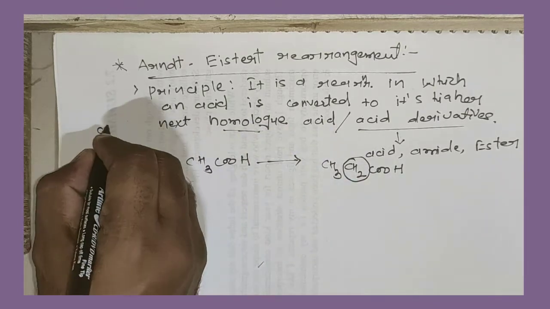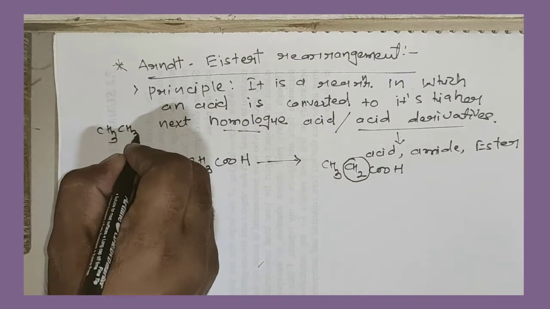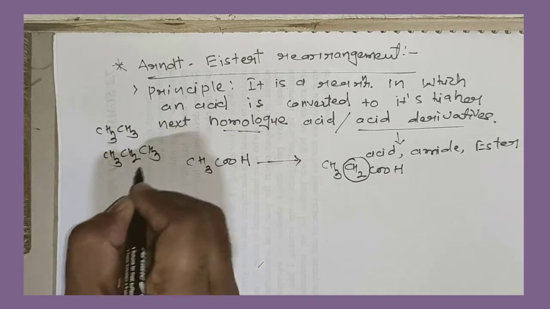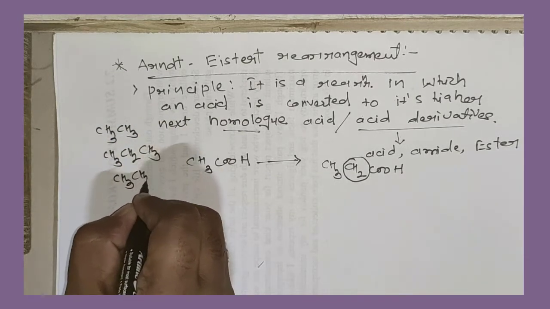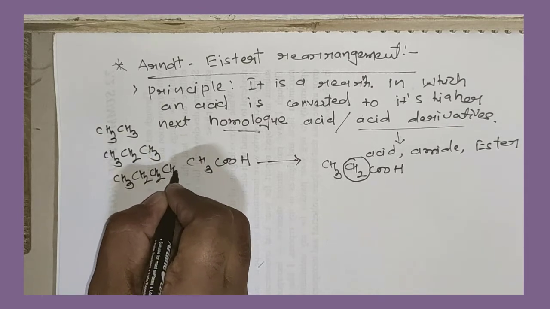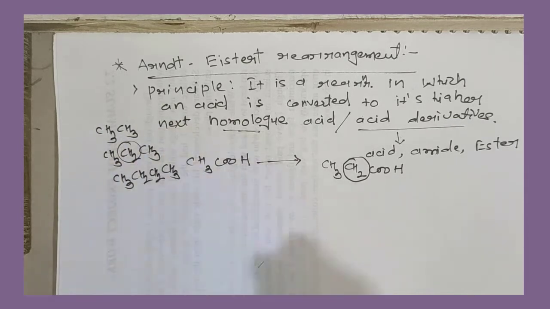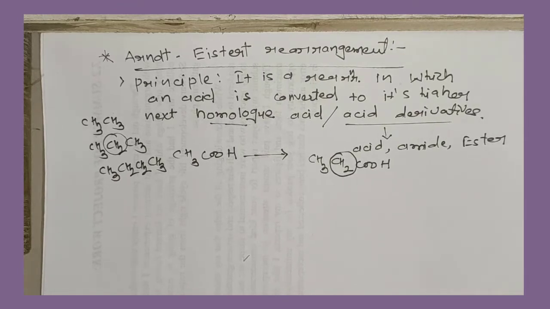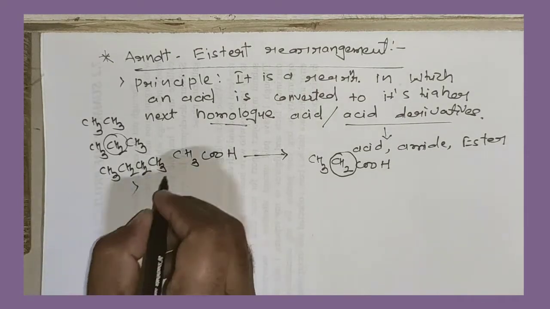For example, ethane, and then propane, butane. All these are known as homologue because they differ by one CH2 unit. That's why they are known as homologue, right? So the simple example is acetic acid converted to propanoic acid, known as Arndt-Eistert reaction.